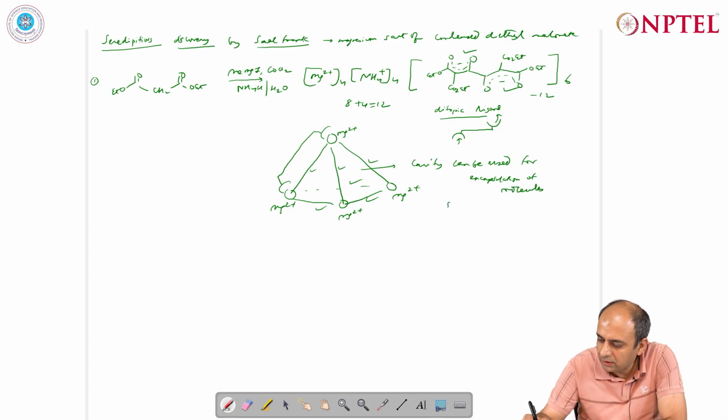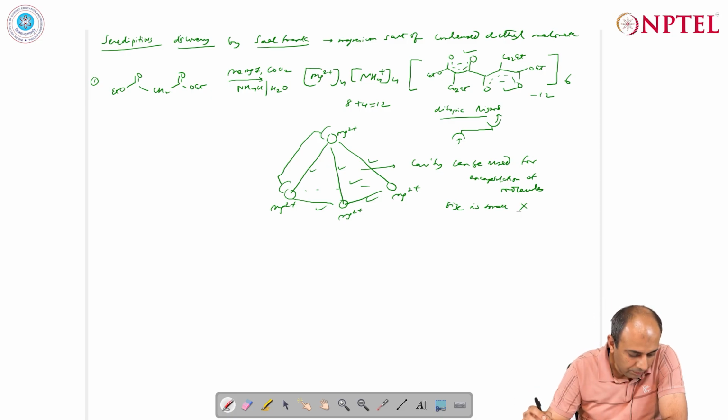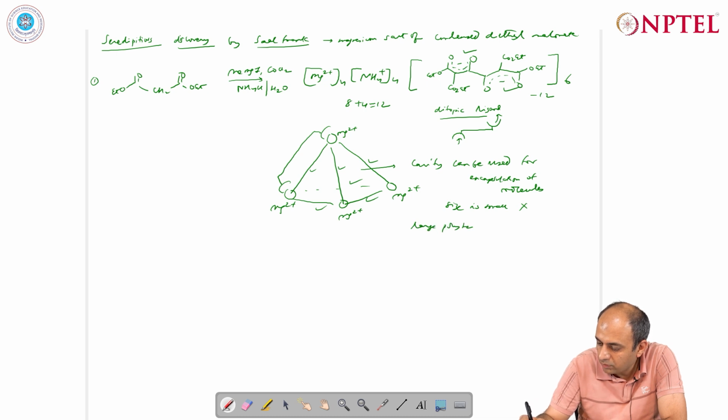However, the size is small, and therefore it is difficult to do reactions with large substrates, and therefore what was thought is that now large polyhedral cages can be made for effective encapsulation.